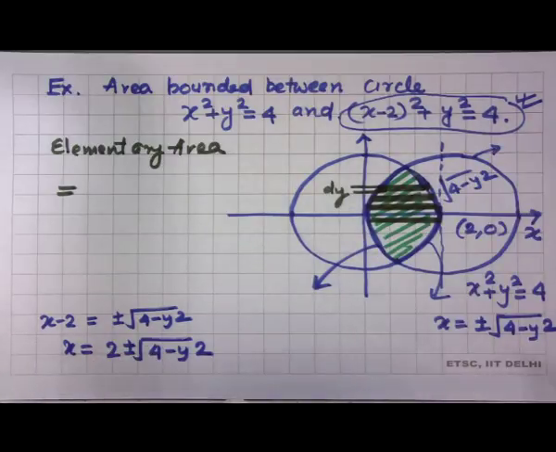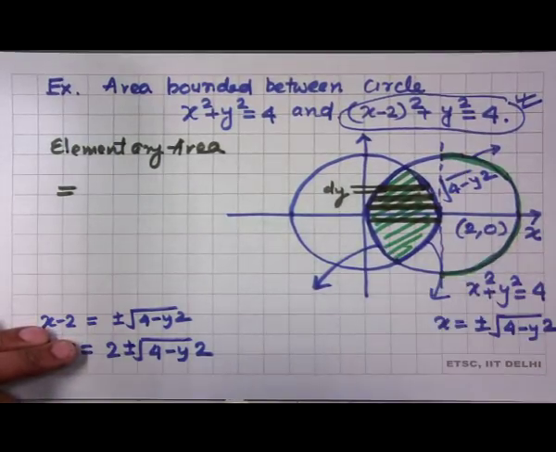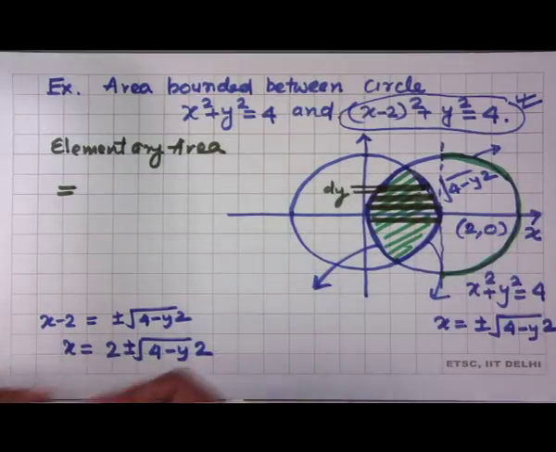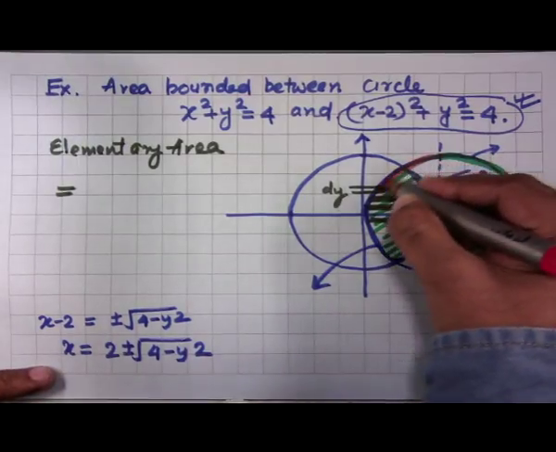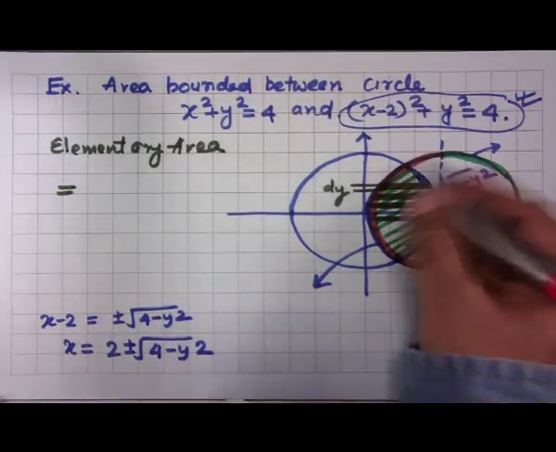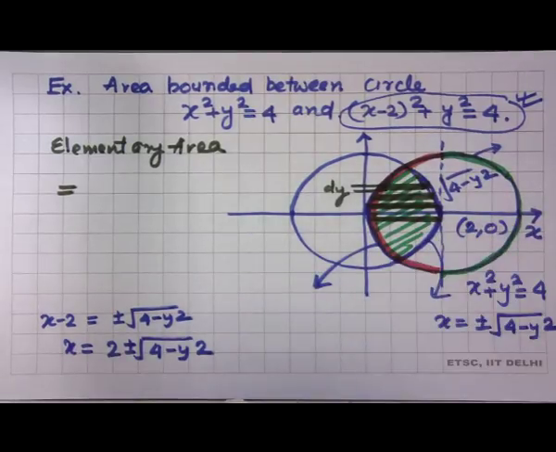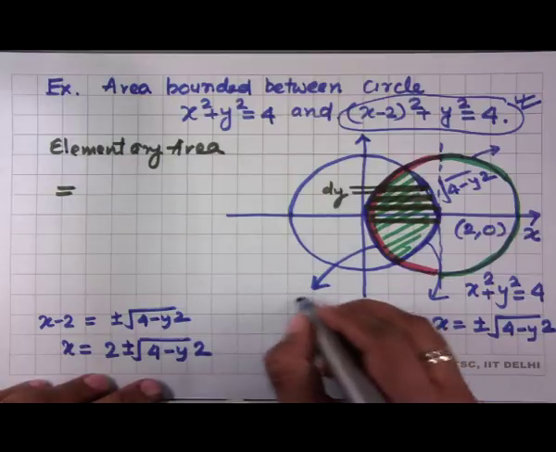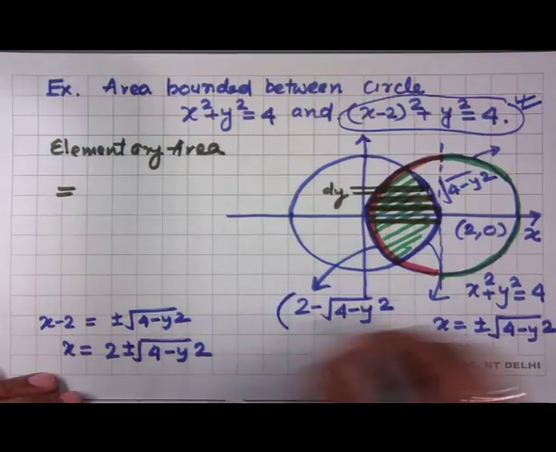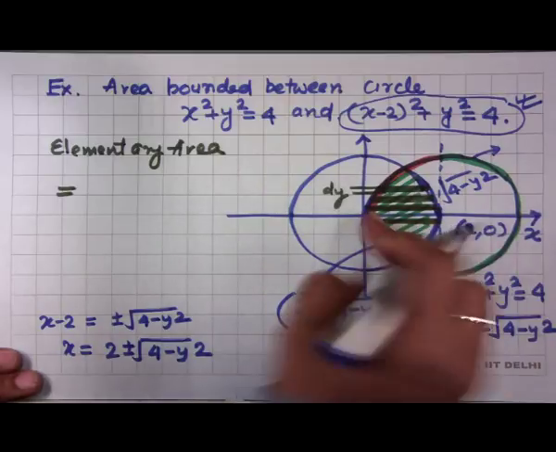I repeat, 2 plus under root 4 minus y square represents this green colored portion of the circle, and 2 minus under root 4 minus y square will be represented by this red portion of the circle. So, therefore, the elementary area is this minus this into dy.